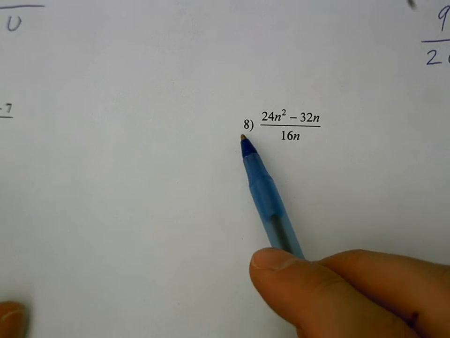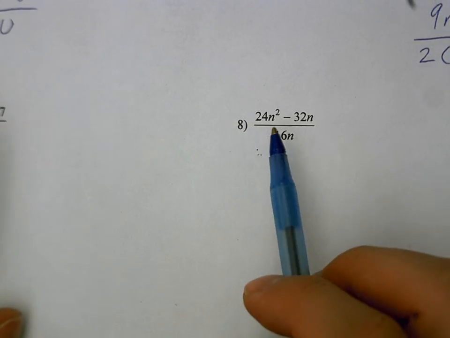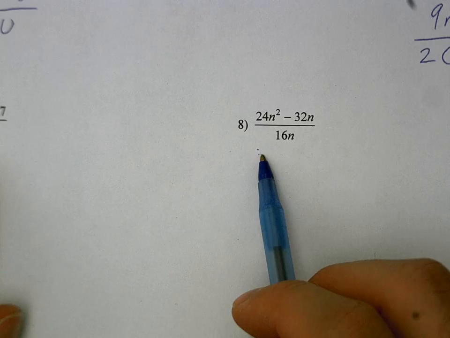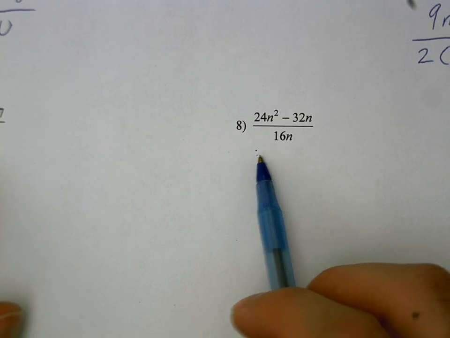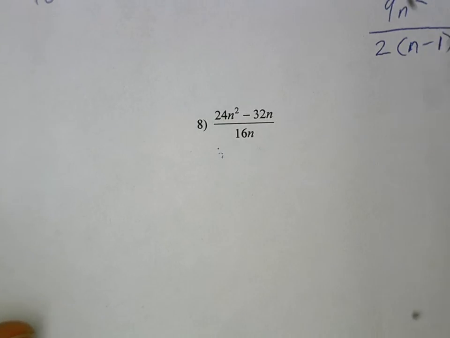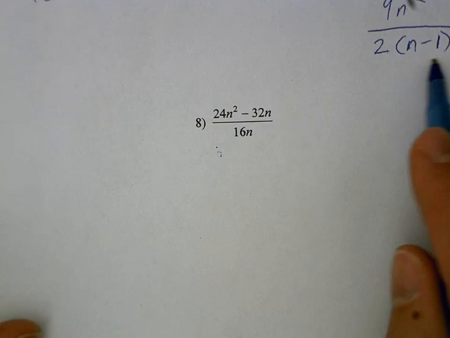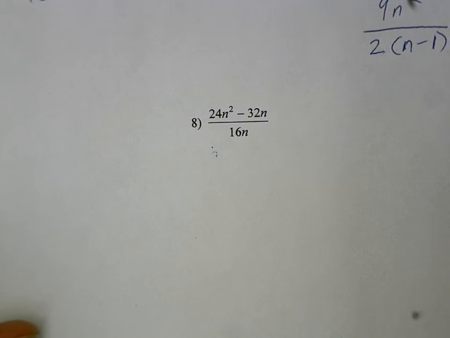I want you guys to try 7 and 8, but not yet. Wouldn't the n minus 1 be a subtraction and a multiplication since it's parentheses? Right, but it's the whole thing that's multiplied by 2. And so I'm going to show you what we can do with that right now. But this is my answer for this problem.